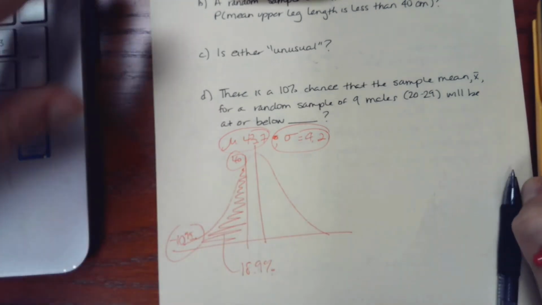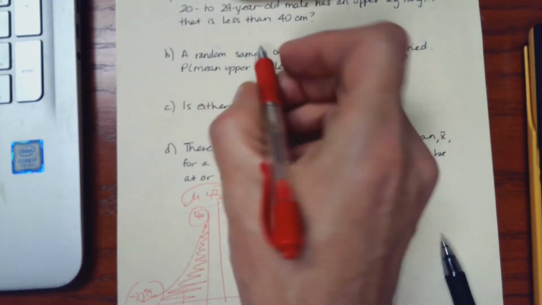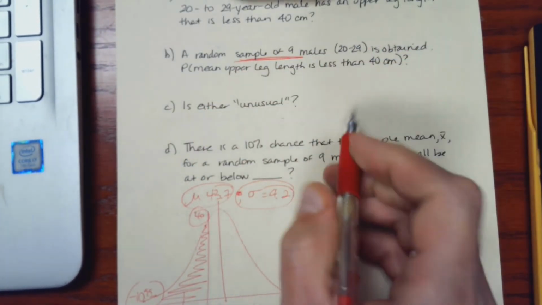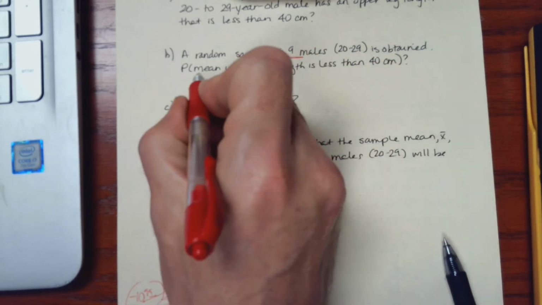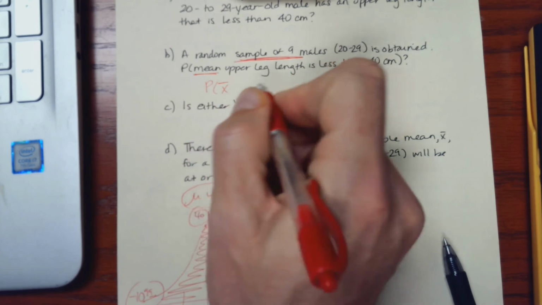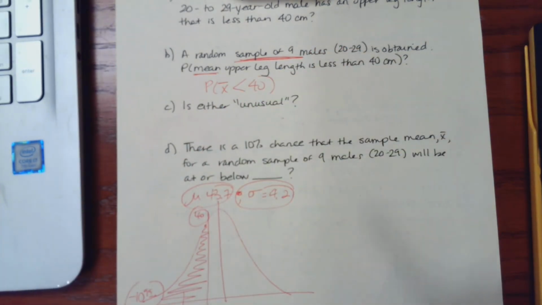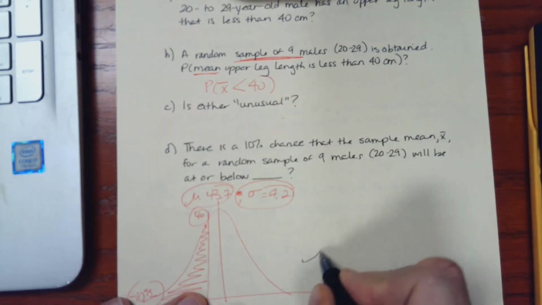All right. Now, in the next question, we say a random sample. Okay, so this is a sample of 9 is obtained. What is the probability that the mean? So we're looking for the probability that x bar is less than 40. That's a different question because now I need to consider the sampling distribution.